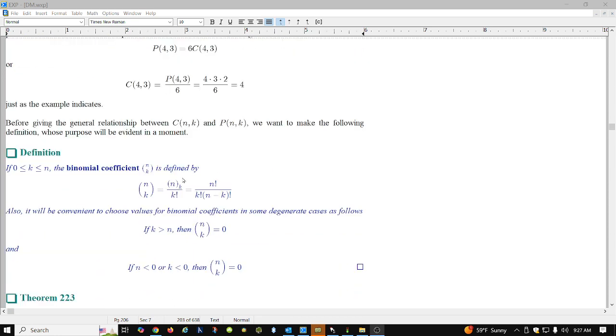Now, before I generalize that, I want to introduce the concept of a binomial coefficient, which is something you may very well be familiar with because they appear in the binomial formula.